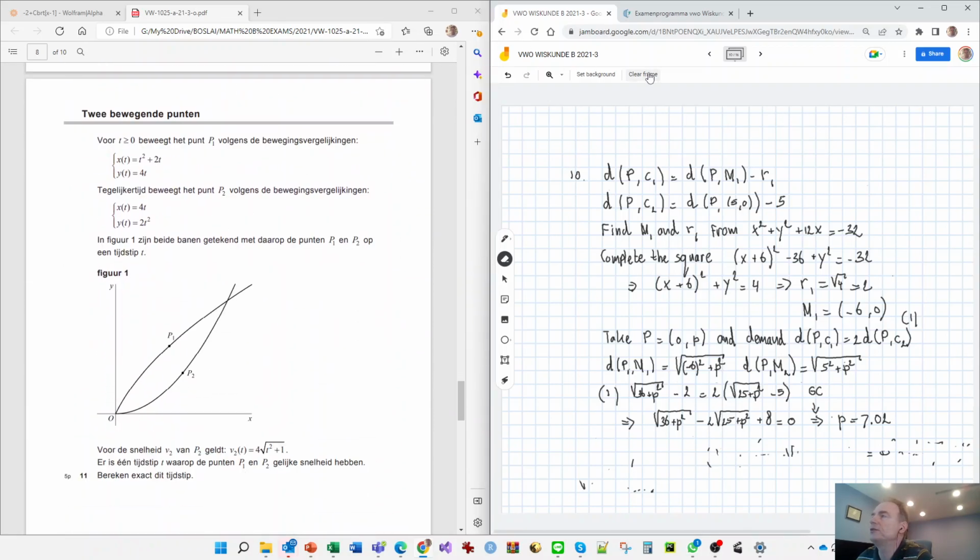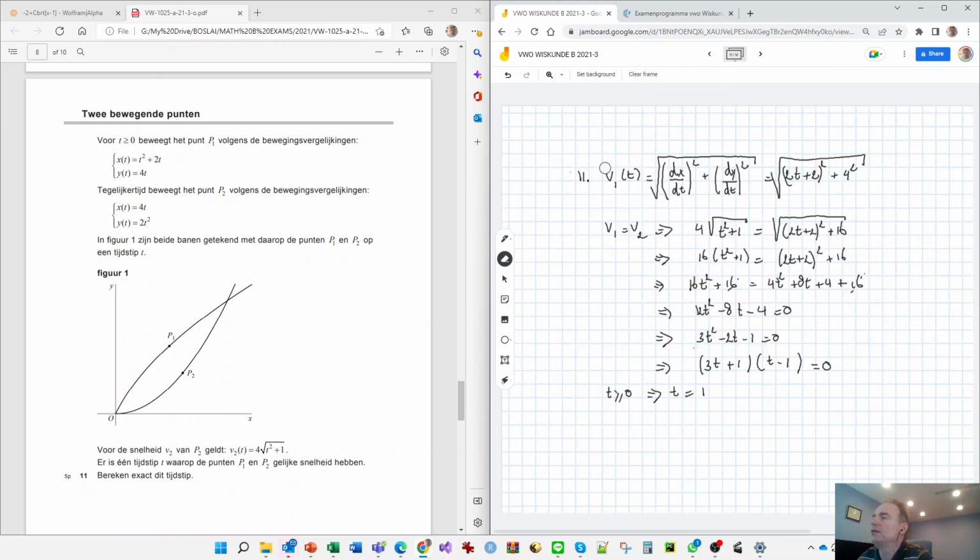Two moving points. We have two parametric equations for point 1 and point 2. For the speed v2, we have that v2 is the square root of 4 t squared plus 1.